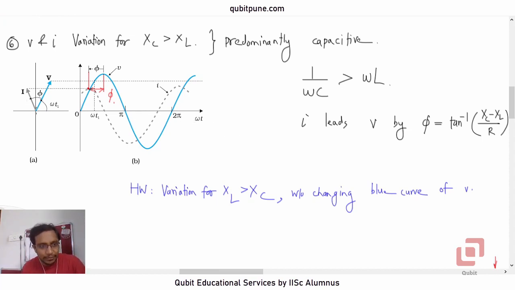The current will now be somewhere here because it is going to lag, and you can do whatever you want there. So can you do that on your own? That is the homework question.